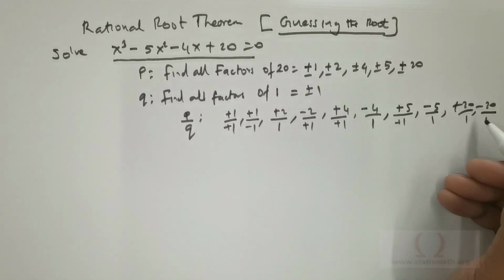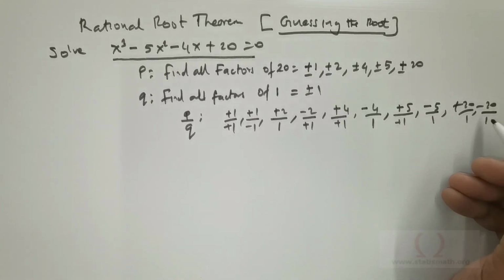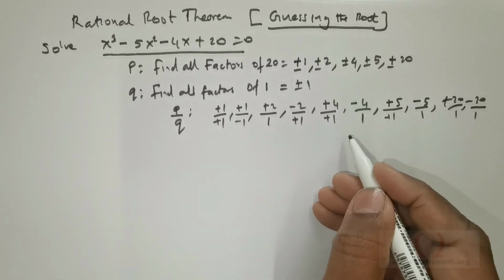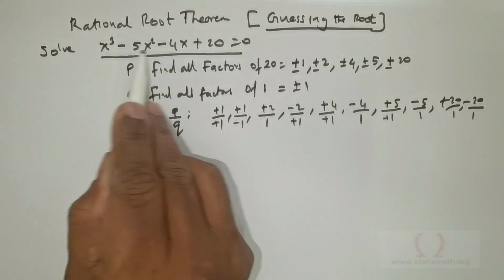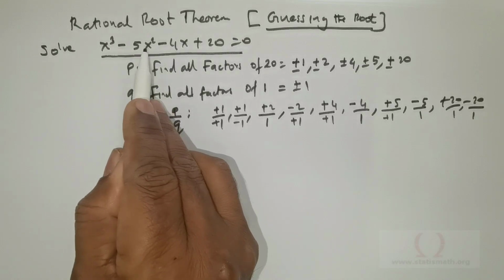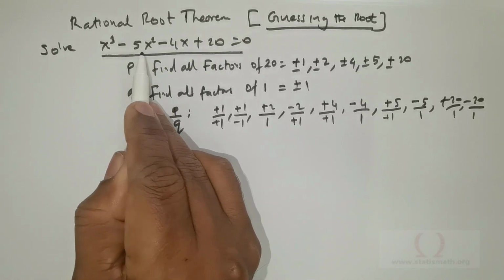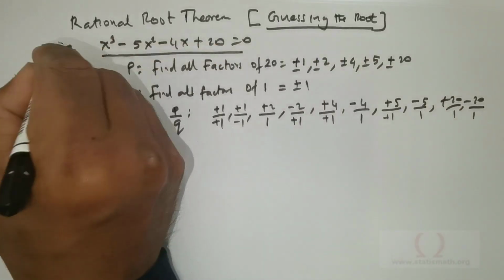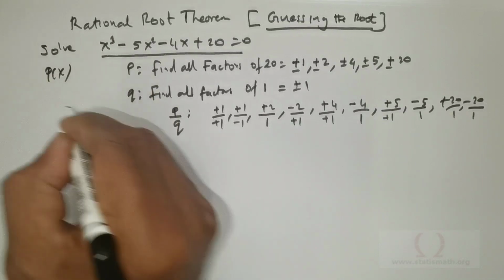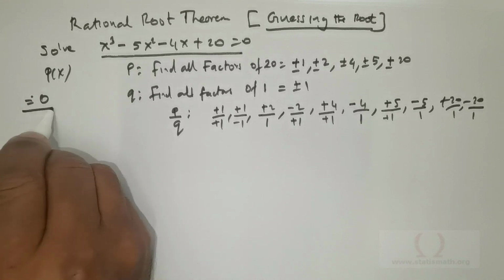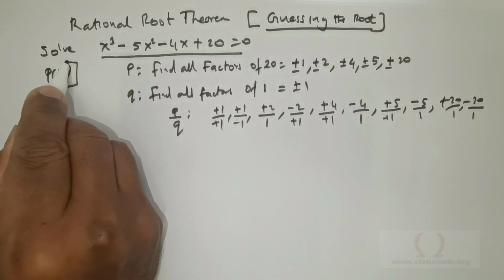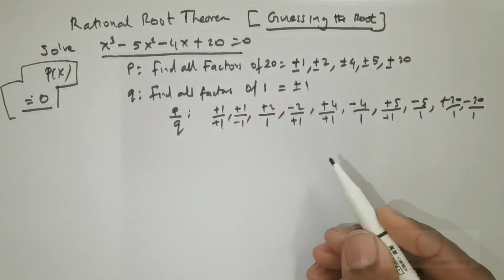So these are the possible roots that can be placed into the polynomial. If I take this as p of x, then one of these values will produce a 0, and that would be the root.